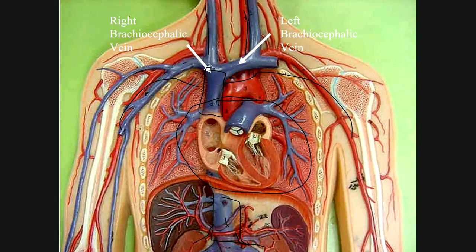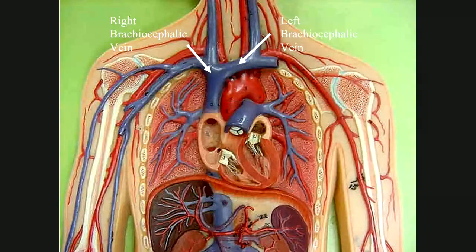And then here's another veins that empty into the heart that are bringing blood back from the lungs. So let's look at all of this. So this vein right here, and there's two of these, is bringing blood back from the head and the arm. Same thing right here, from the head and the arm.